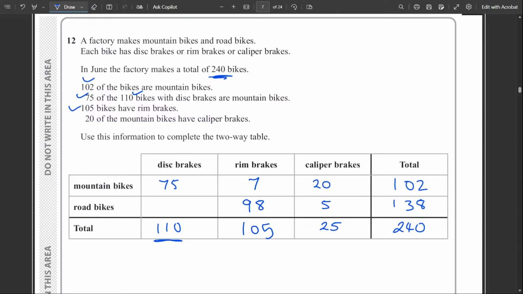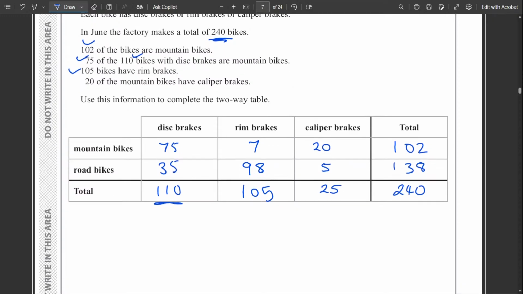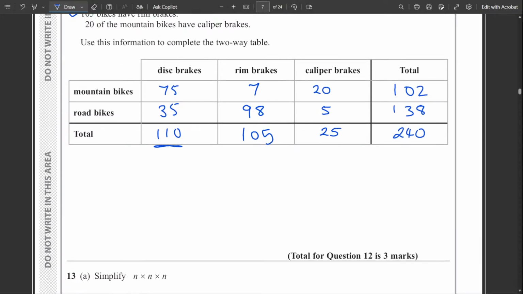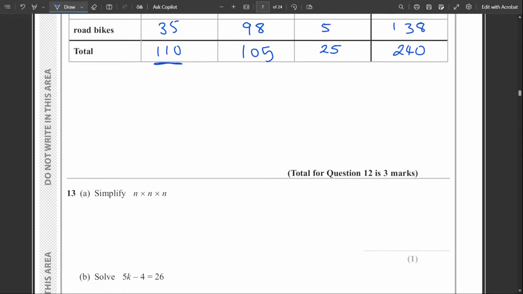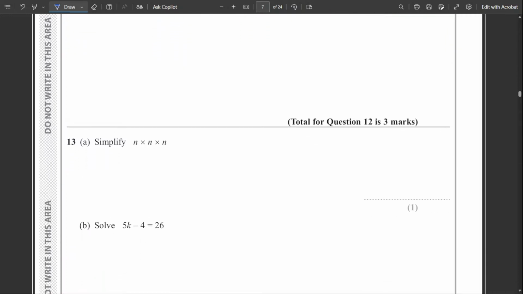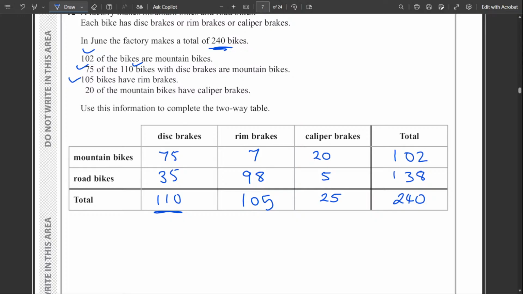And then the last one, for road bikes, 75 add 5 is 80, add another 30. So we can say 35 will give you this one. So we completed this three-way table, generally around 4 marks, 3 marks in this case. I should add up this one as well to 138. They add up to 102. These ones should add up to 240 as well when you do that.